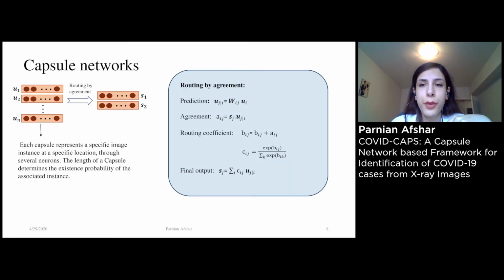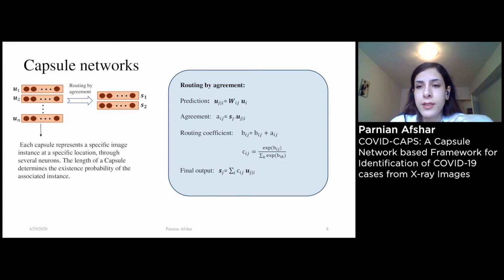Through the routing by agreement process, what happens is that the capsules in a lower layer try to predict the output of the capsules in the higher levels through a weight matrix called Wij, which is trained through backpropagation, just like a normal deep learning network.